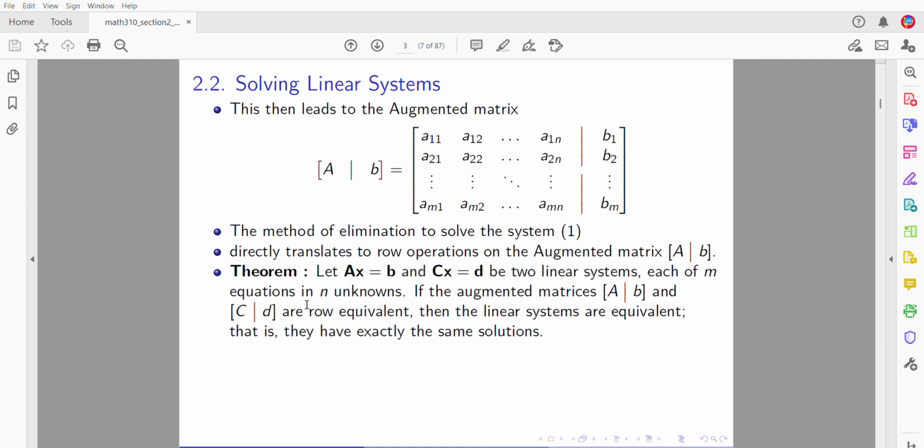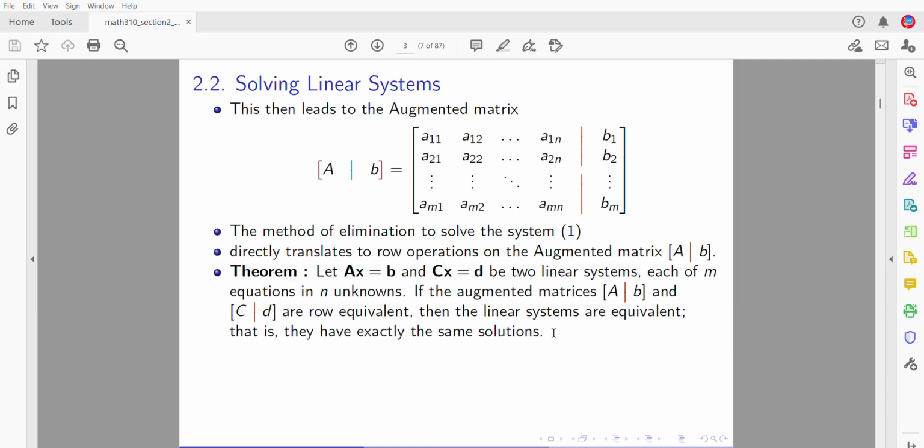We have maybe interchanged two rows. We have maybe multiplied one row by some number or divided a row by some number, non-zero of course. We have taken a combination of two rows. That's what it means to say row equivalent. So if you do that, you still have equivalent systems. That is, you have exactly the same solutions.